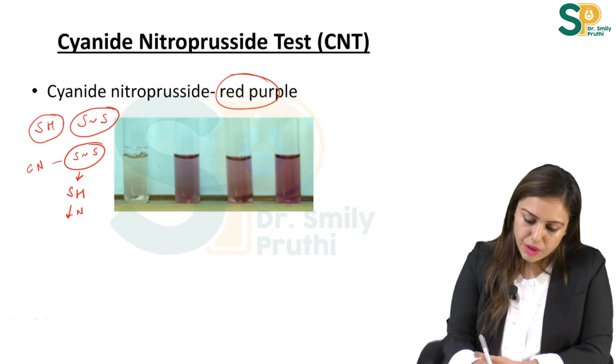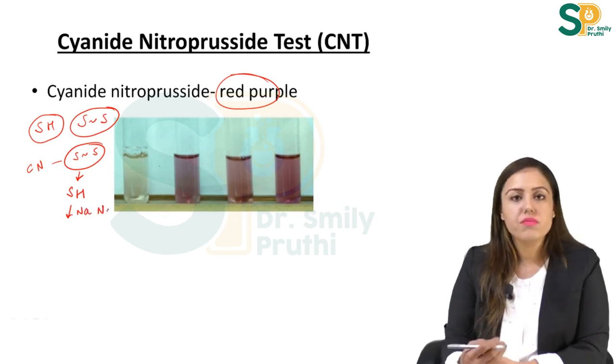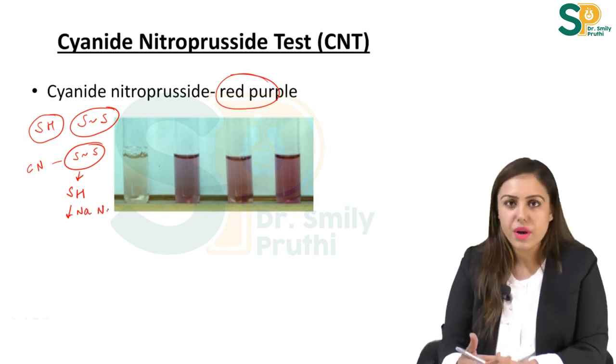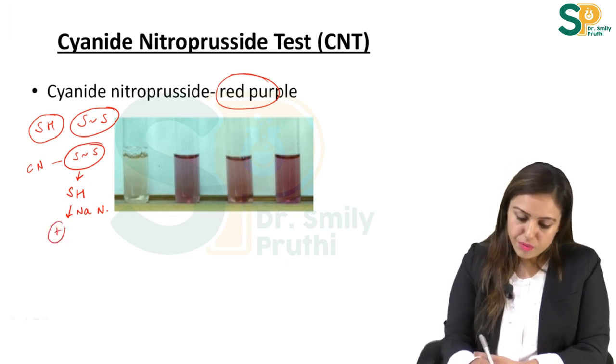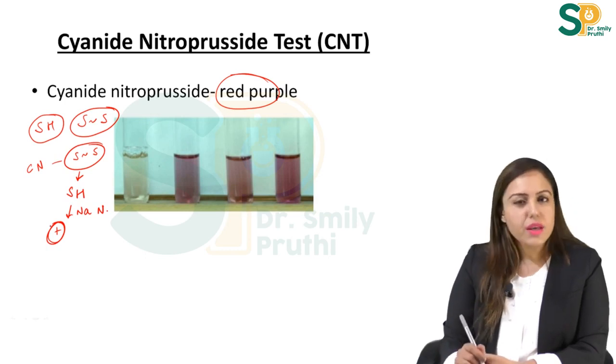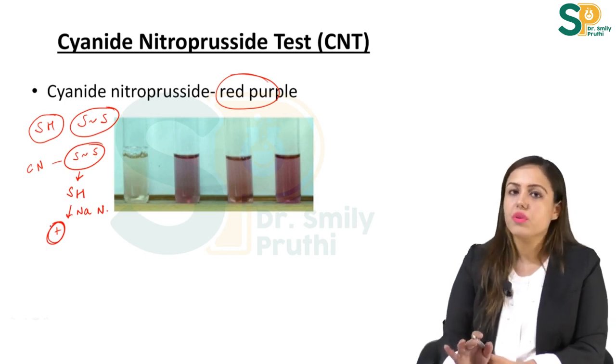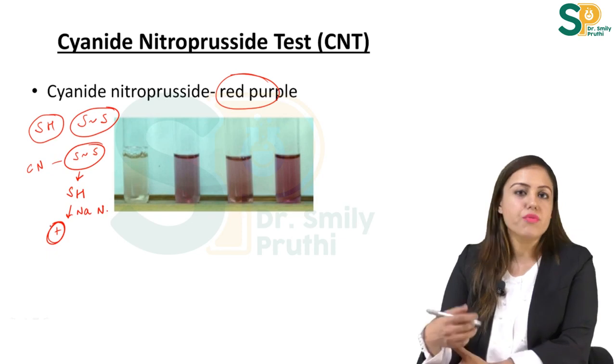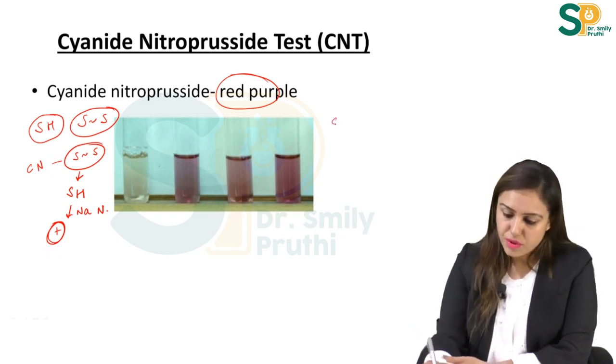Then sodium nitroprusside will react with this sulfhydryl group to give a positive purple color. So any compound having a sulfhydryl group or disulfide bond will give this test positive.